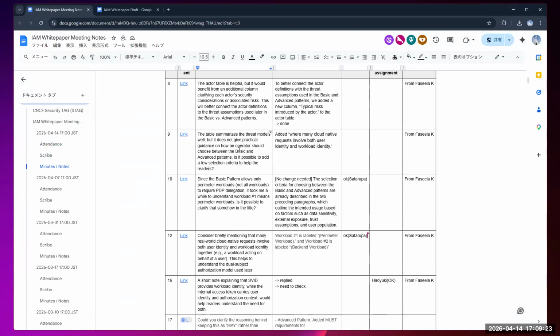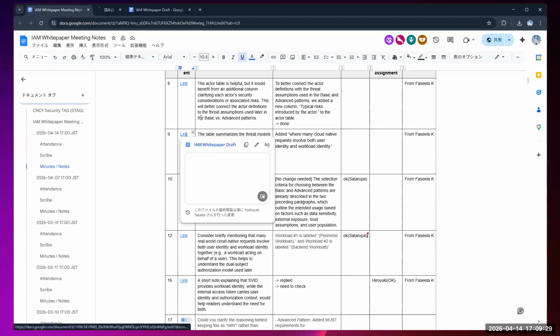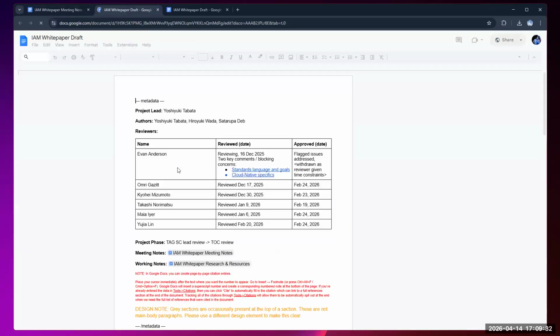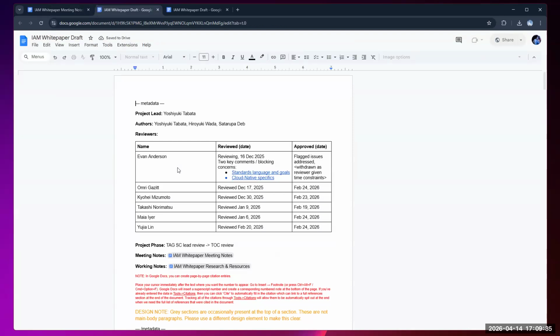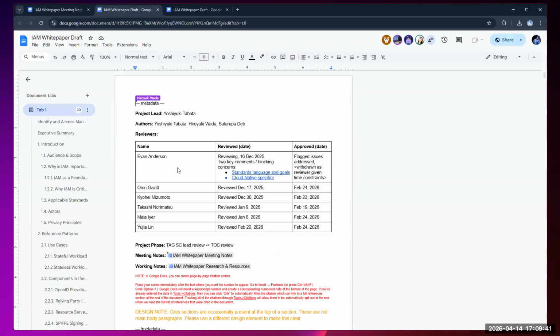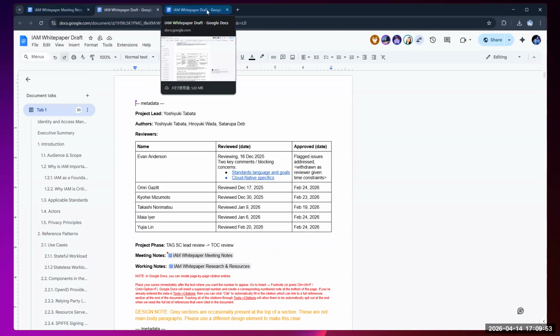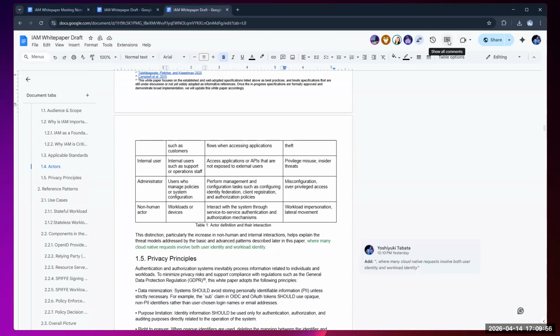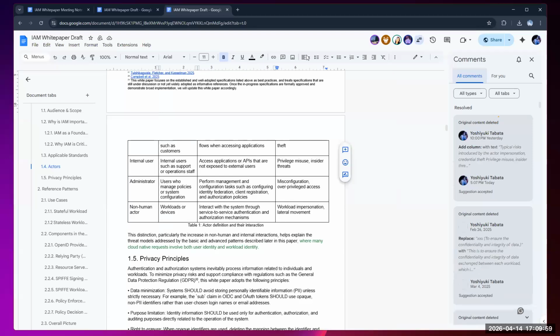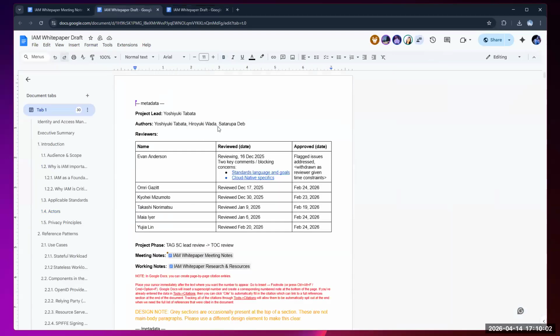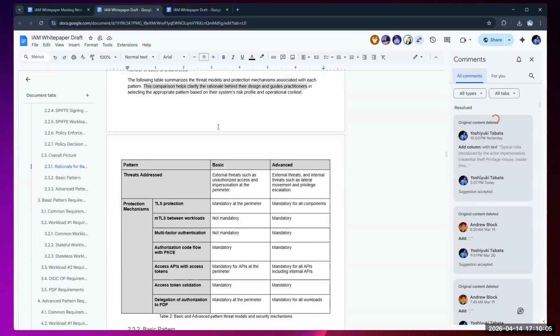Maybe this is not the correct link, I think. Basic table 2.